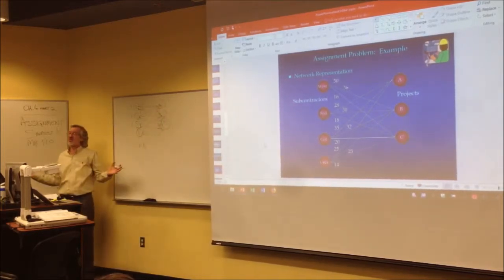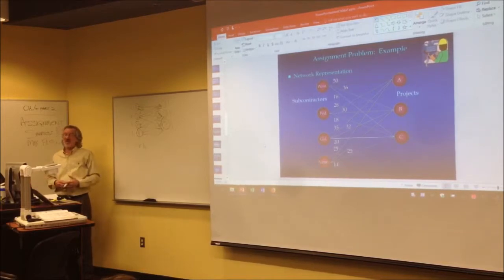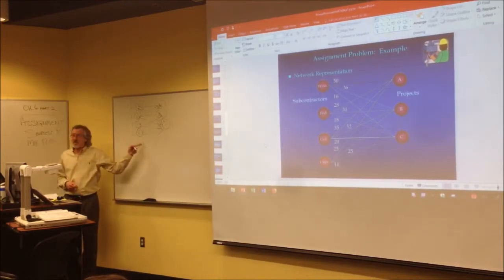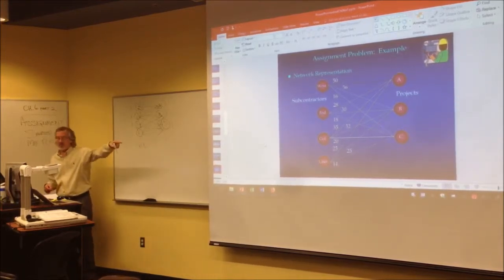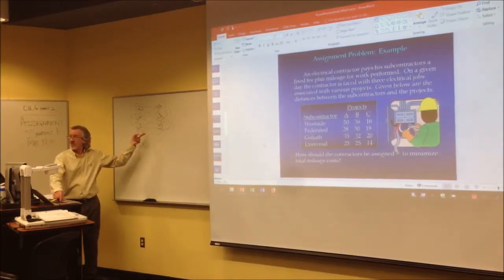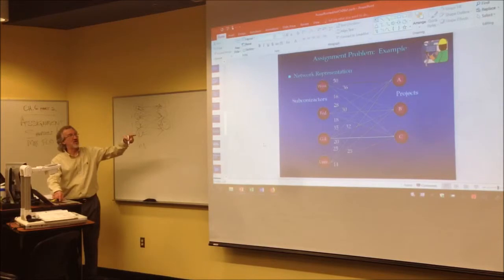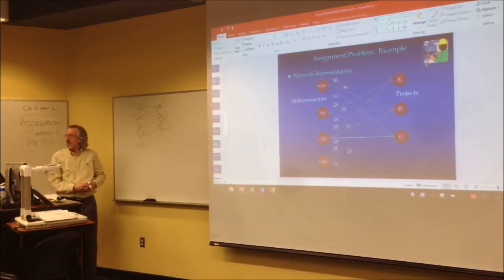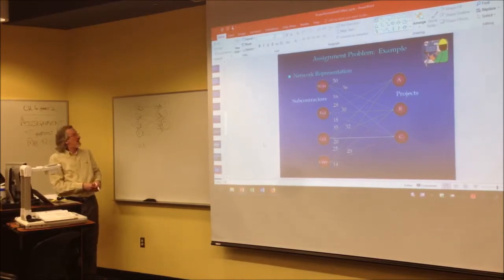Now, just like transportation, you actually have all the information necessary to write the whole linear program right now, if I had the time to write all those numbers out. Be prepared, though, if you're given a problem like this, you might be asked to draw the network. Or you might have a network like this, but with the 1s, and be asked to give parts of the linear programming model, not all of it.